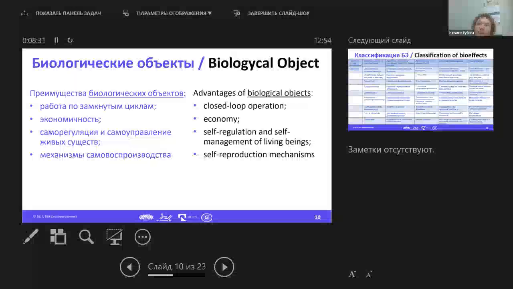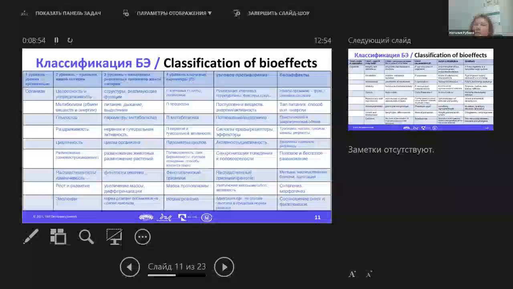Biological objects are also cost-efficient. The principles of operation in wildlife objects are very much dependent on that. Biological objects are also self-regulated and can be self-managed, and finally, biological objects have self-reproduction mechanisms which technical objects do not have.